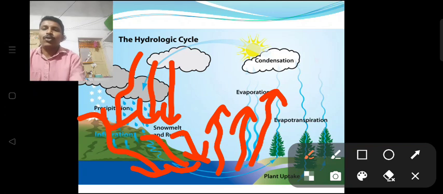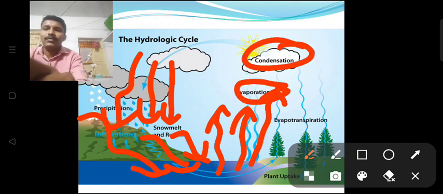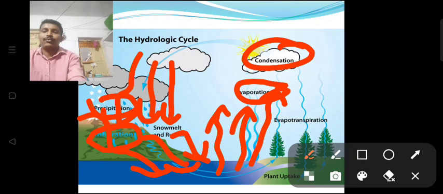The following components are present in the hydrological cycle: first is evaporation, second is condensation, third is precipitation, fourth is infiltration, fifth is percolation, and sixth is runoff.